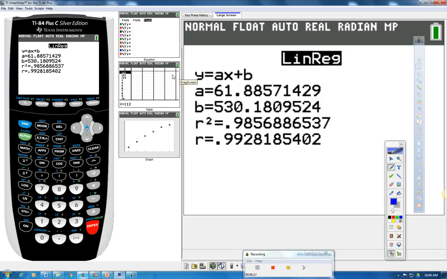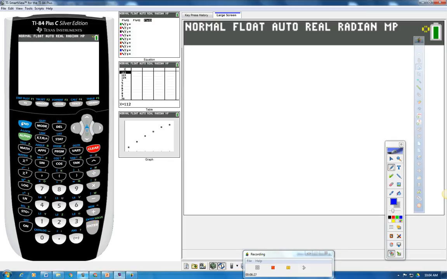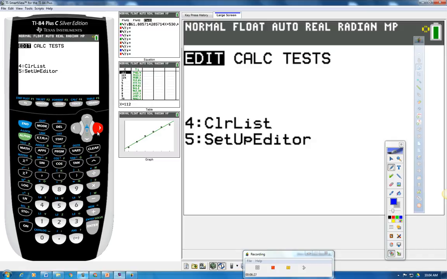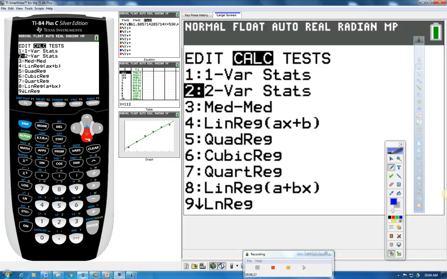For people who have a TI-83 Plus calculator, or people who aren't seeing the prompt, you're going to have to do this. You're going to have to enter the stat feature, go to STAT, and choose linear regression.